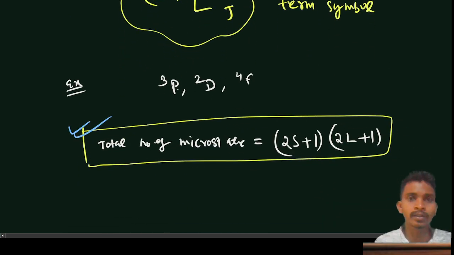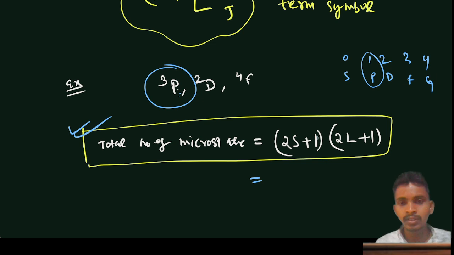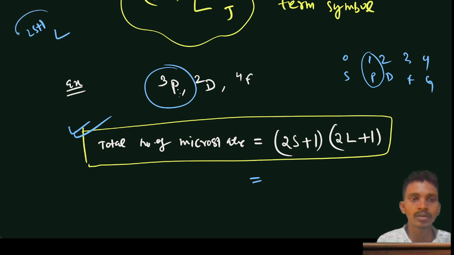So here the total number of microstates will be, so you know that 0, 1, 2, 3, 4: this is S, this is P, this is D, this is F, this is G. For this case, P is one value, so I will find the 2S + 1, where the term is L with 2S + 1 as superscript.